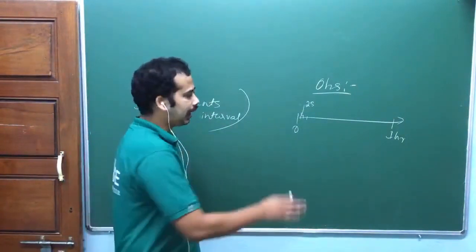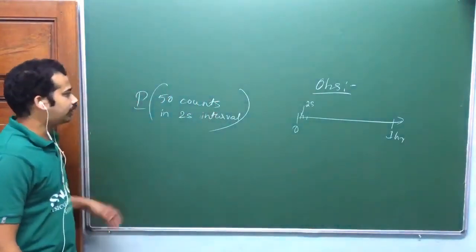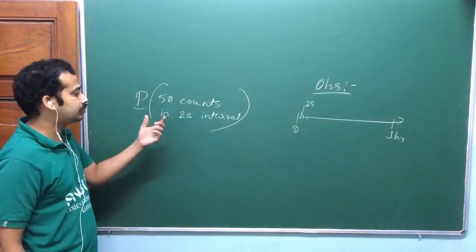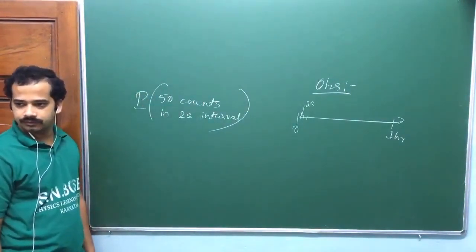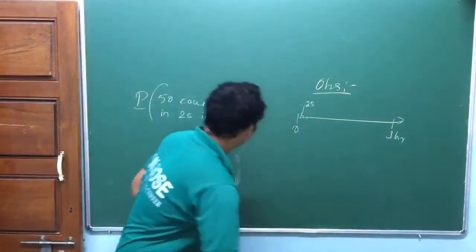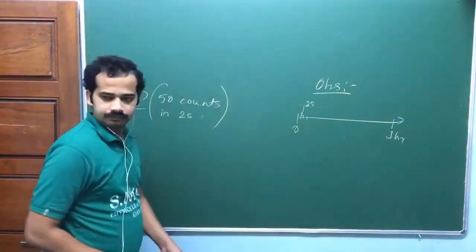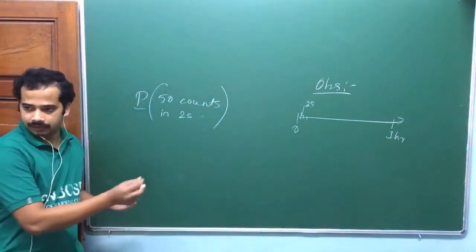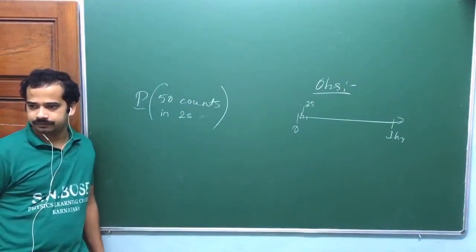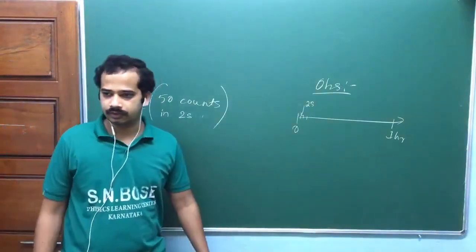When this kind of situation exists, the question is, what is the probability of getting 50 counts in a 2-second interval, or in any one particular 2-second interval? I'm talking about a time interval, and that probability will be very, very small actually.